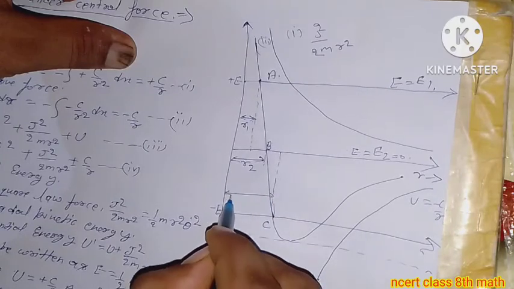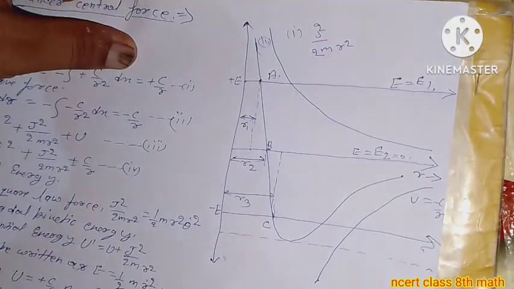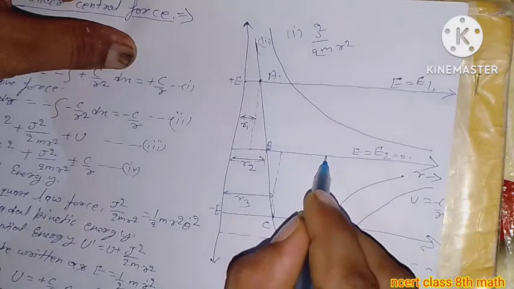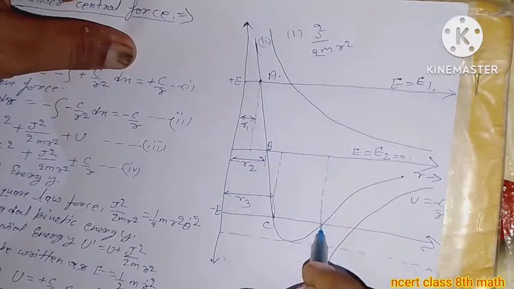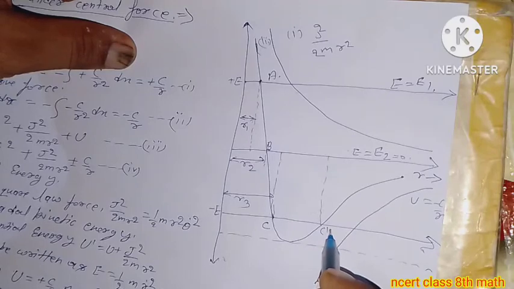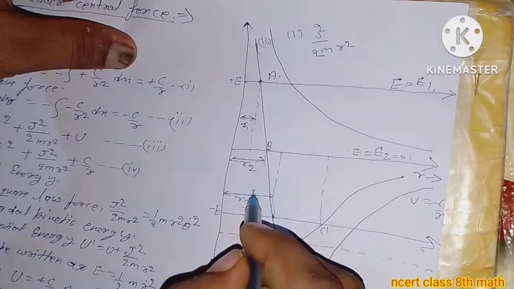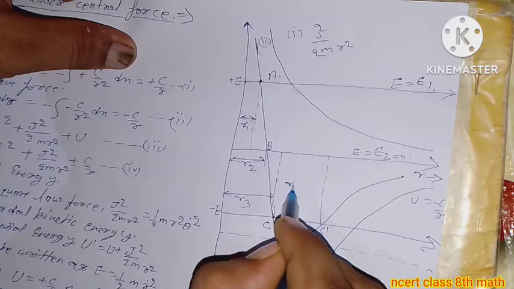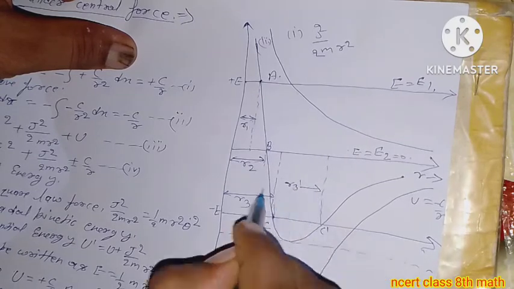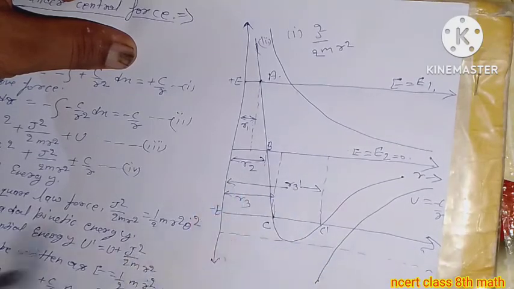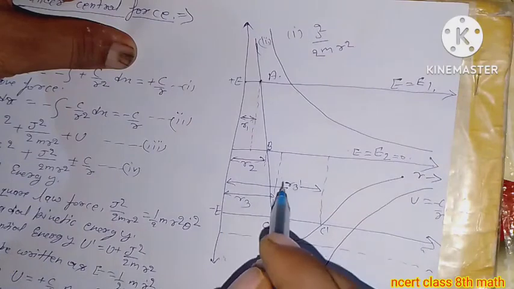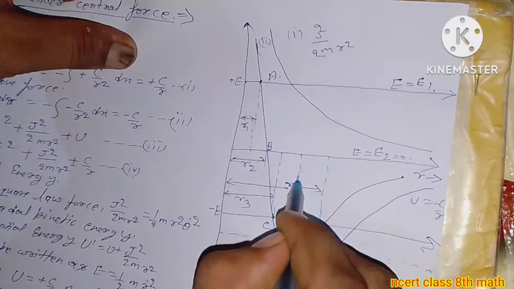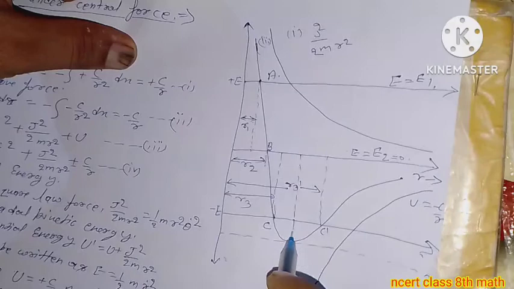is R3. The value of this curve is R3, and this is the second point C dash, and this is R3 dash. This distance is R3 dash, and the main point is this point as shown here.